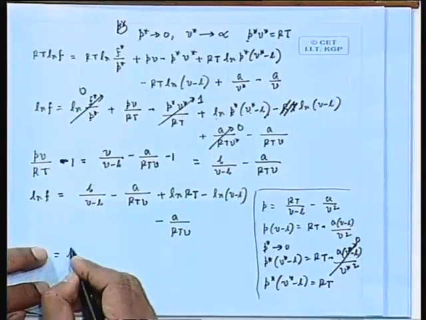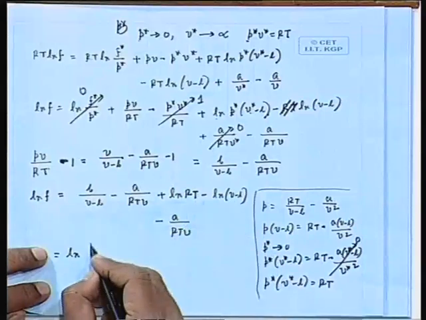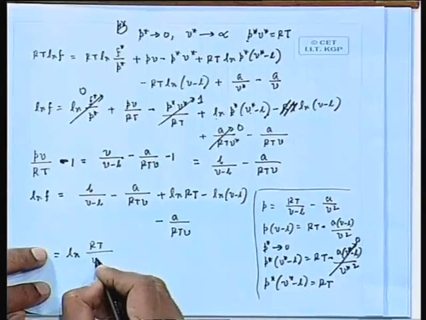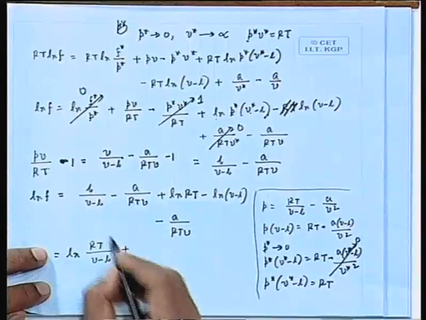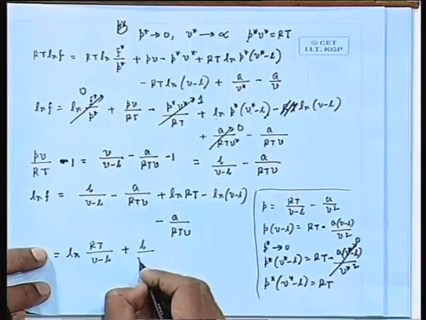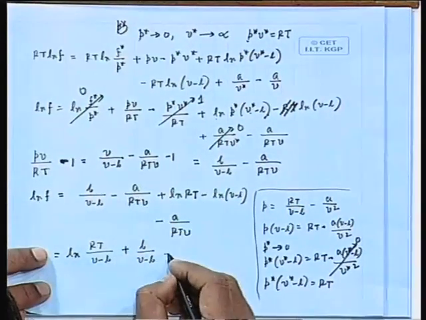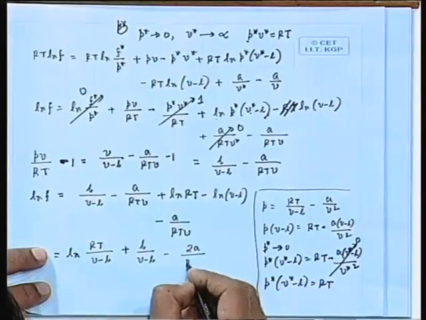So ultimately we get ln RT by V minus B, then this term is B by V minus B, and this term is minus twice A by RTV.